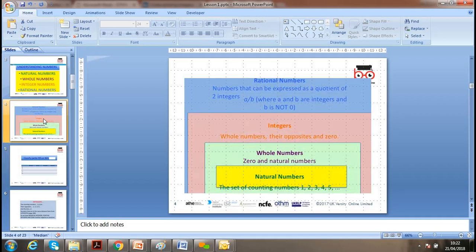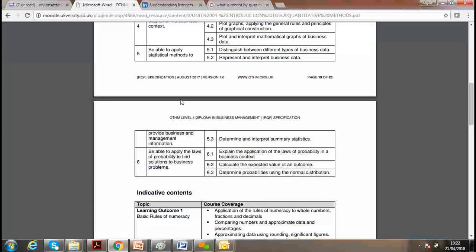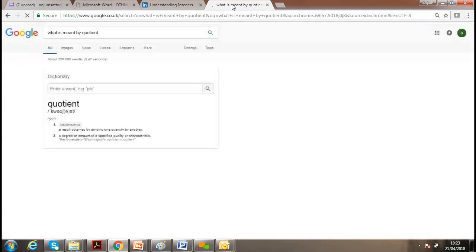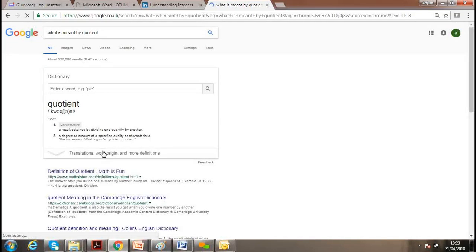Numbers that can be expressed as a ratio. Any number we can divide, the answer has to be in whole number form, or it could be in decimals too. It is the result obtained by dividing one quantity by another quantity.